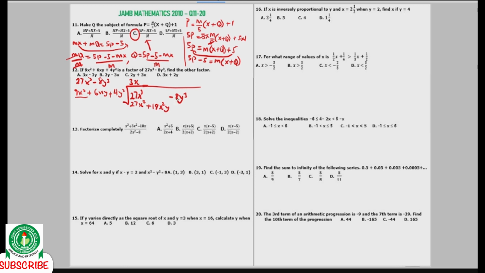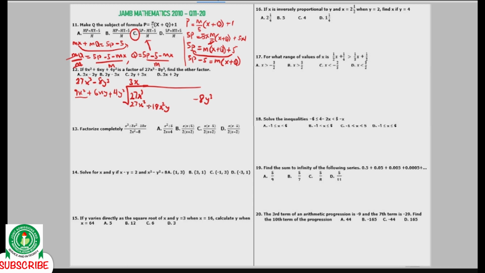So we have to extend this because you still have another term here. Let me clean this so as to extend it. Let me put minus 8y³.